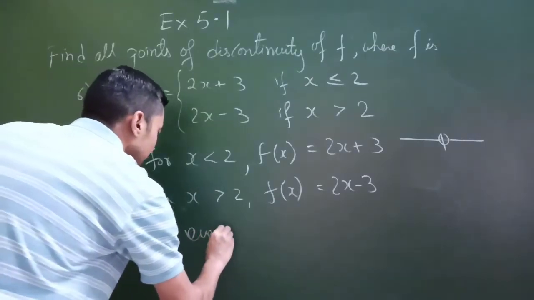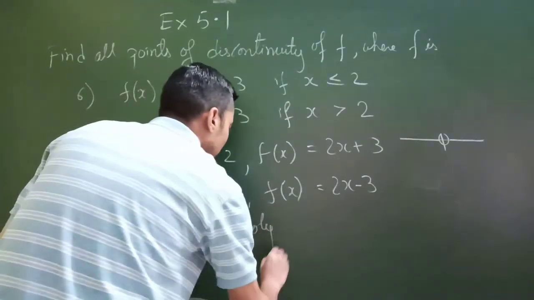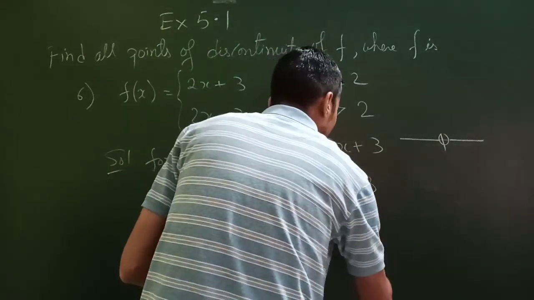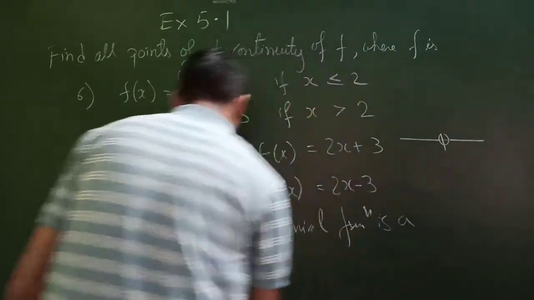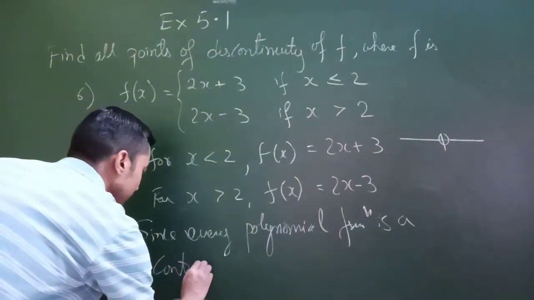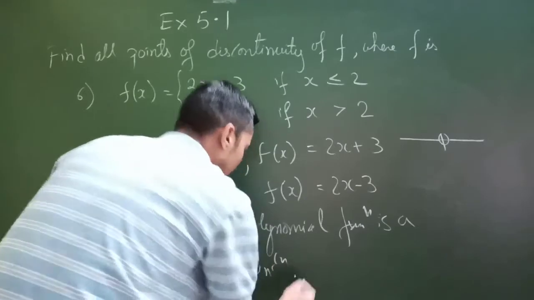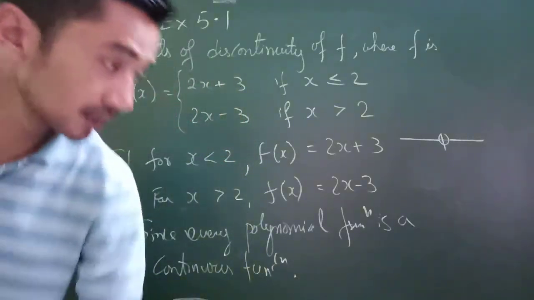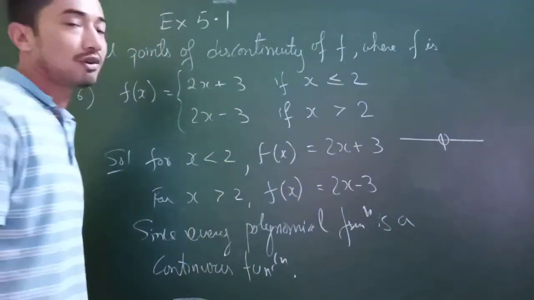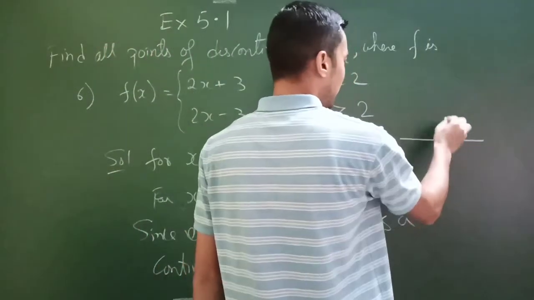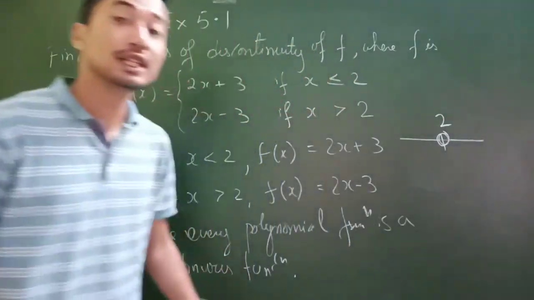So since every polynomial function is a continuous function, there is only one place where we will have to check the continuity of the function, that is at the point 2 only.